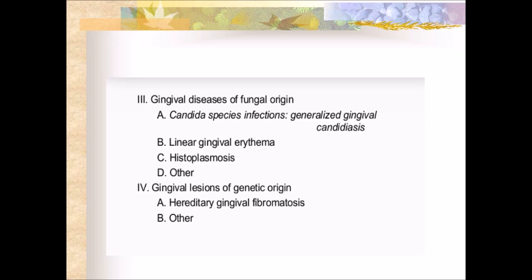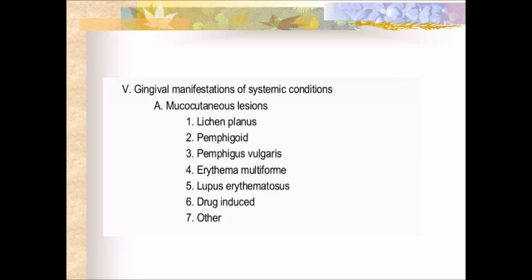Gingival disease of genetic origin: hereditary gingival fibromatosis and others. Gingival manifestation of systemic conditions: mucocutaneous lesions like lichen planus, pemphigoid, pemphigus vulgaris, erythema multiforme, lupus erythematosus, drug induced, and others.